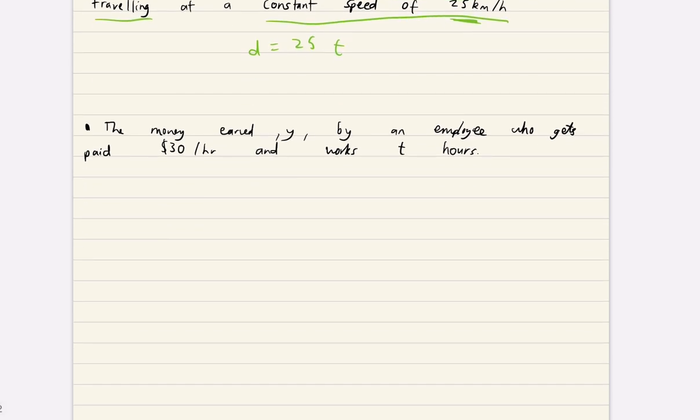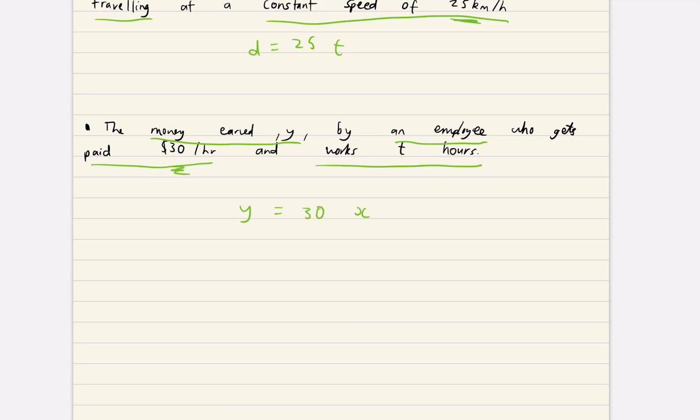The next example, the money earned, represented by y, by an employee who gets paid $30 an hour and works t hours. So now we're relating the values y and t, all right? And we've got to, again, work out what our gradient or what our constant is to directly relate them. And of course, that is 30 in this case.